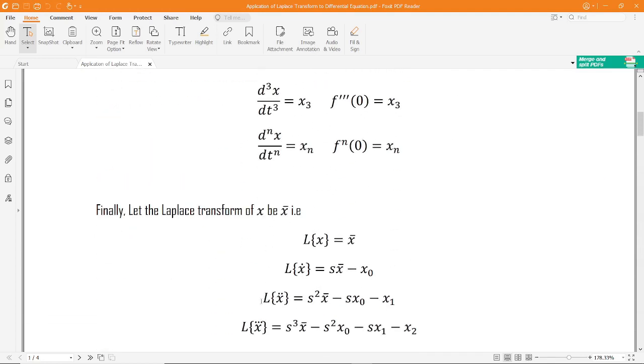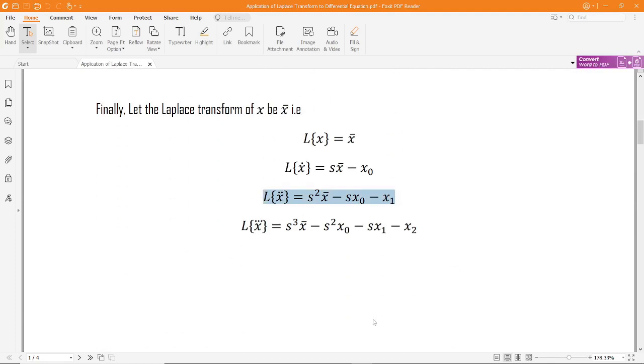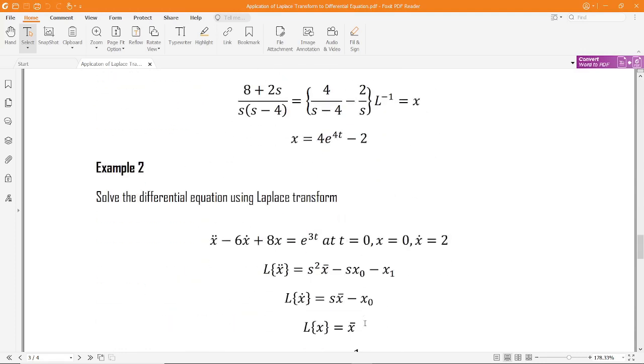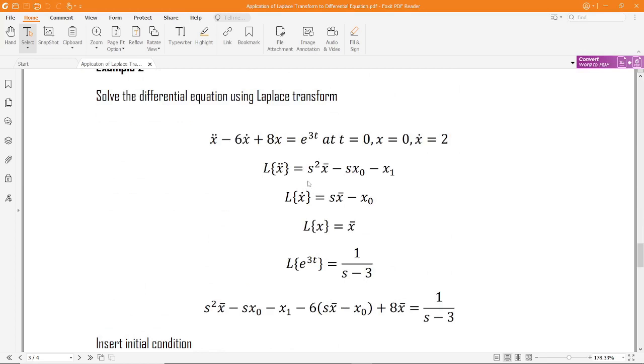For the x double dot, we know that the transform is s squared x bar minus s x naught minus x1, which is what has been done here. This is what has been done here. And for x dot, this is the Laplace expression for it. And for x is x bar.